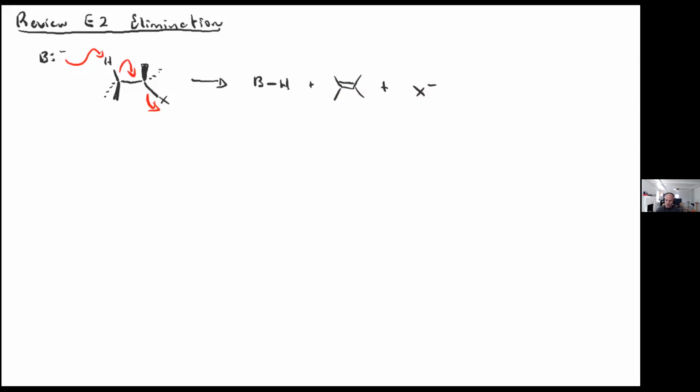And the E, of course, stands for elimination. The general mechanism is shown here. You have some base coming in and removing a proton. It's useful to stick with the labeling system that we introduced for the SN2. If the alpha position is the one directly attached to the leaving group, the beta position is one removed. So the base comes in, pulls off a beta proton, and you kick out X minus.